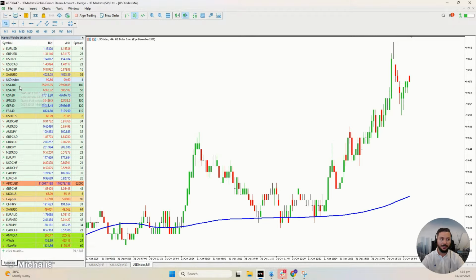If you look at the currency market today, ladies and gentlemen, the best performing is the US dollar index. That's currently trading 0.20% higher. The second best performing is the Japanese yen, which is trading 0.10% higher. Both of these two currencies are safe haven currencies, so both of them can put pressure on gold prices.